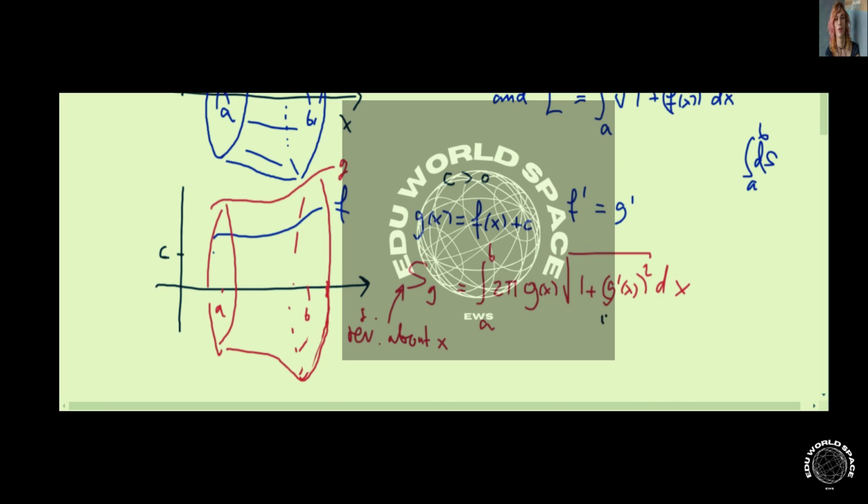is precisely the same as with f, so that we have 1 plus f prime squared, that is this component here, and then g is f of x plus c, so that S of g is going to be equal to this integral, 2 pi times the integral from a up to b of this.